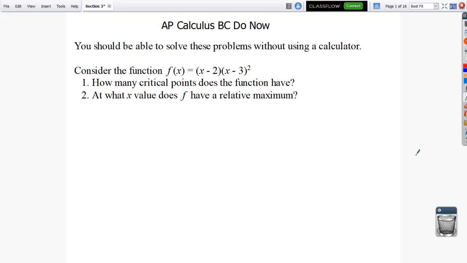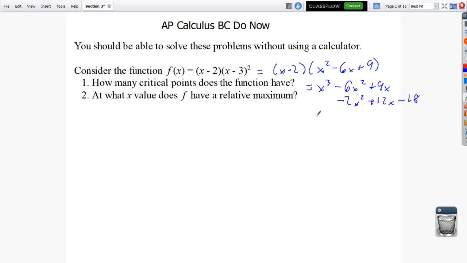Notice we're trying to find critical points of the function. Probably your best bet for that one is to expand this polynomial so that we have x minus 2 times x squared minus 6x plus 9, and then actually multiplying it out, so we'll have x cubed minus 6x squared plus 9x minus 2x squared plus 12x minus 18.